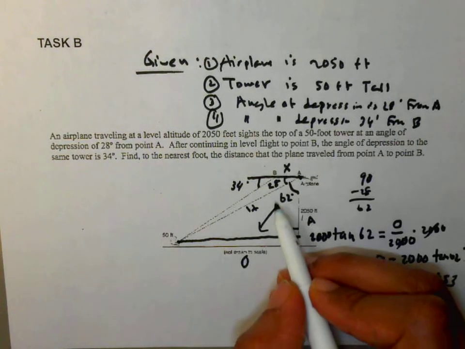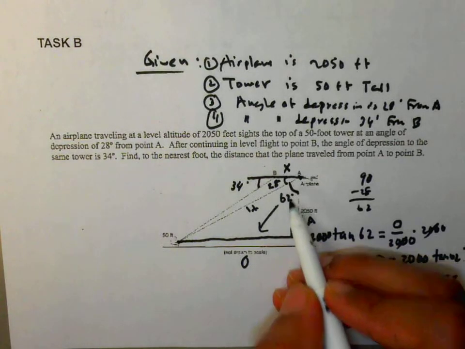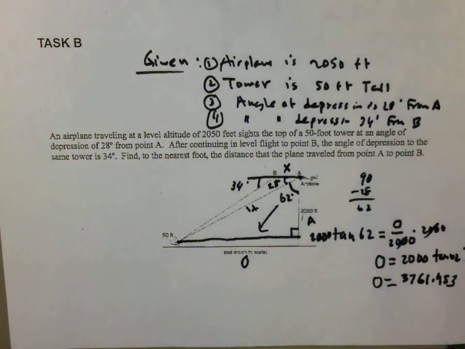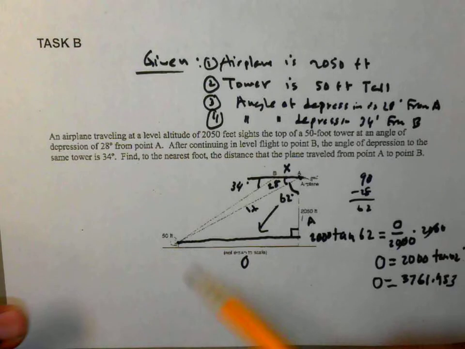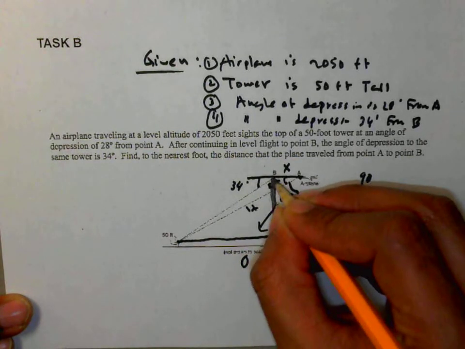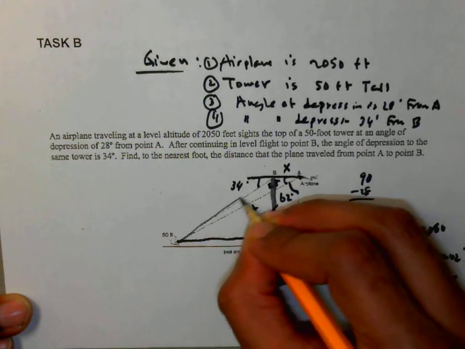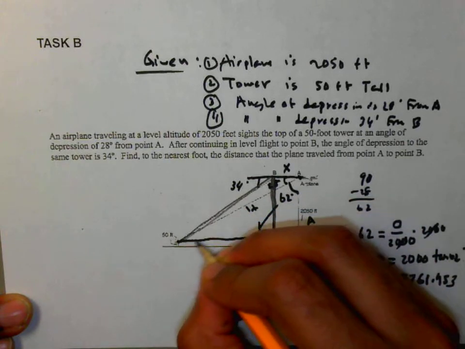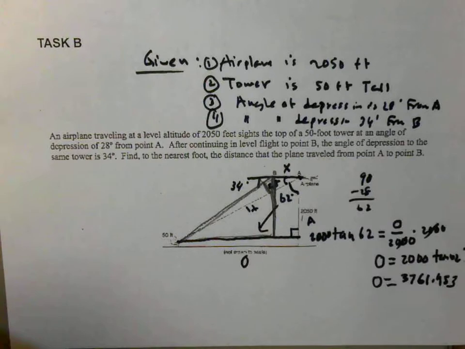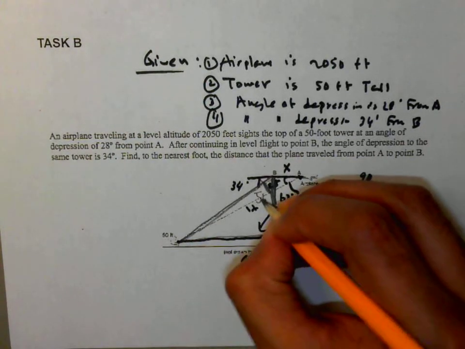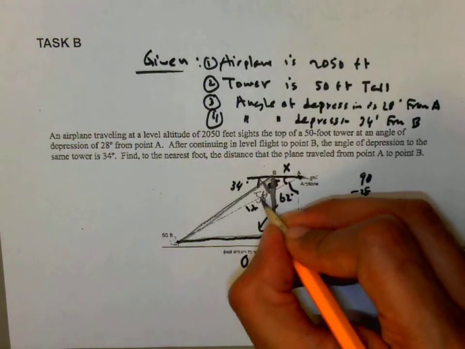Now we're going to use the second triangle, and the triangle would be from point B. We know that this angle is 34, so this must be 90 minus 34, which is 56. So we're going to use this triangle with 56 degrees.